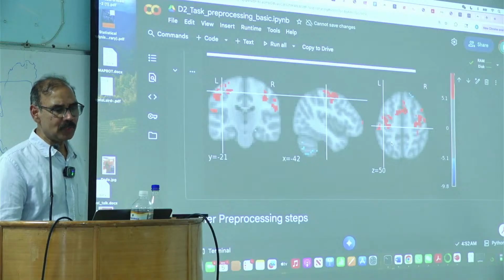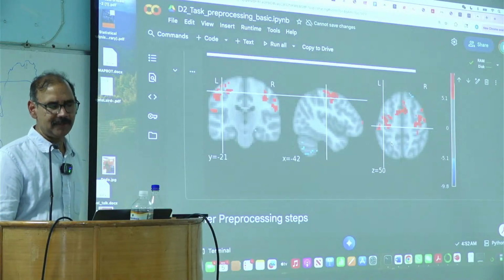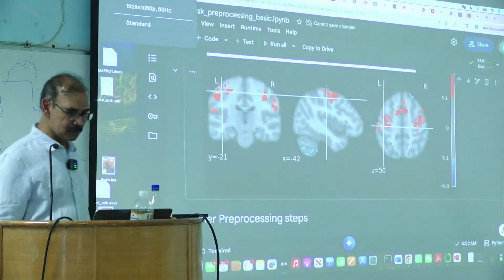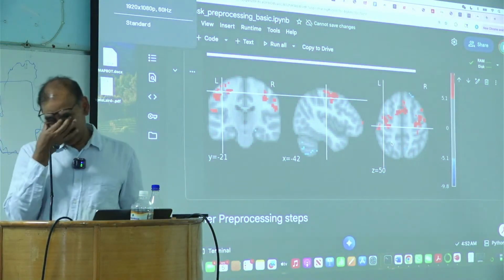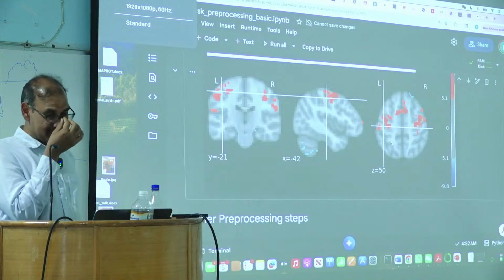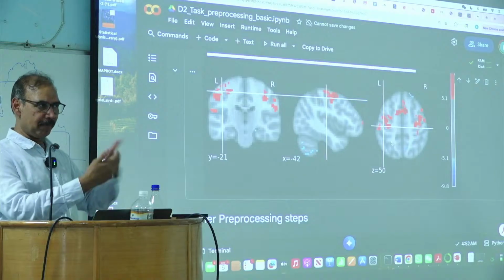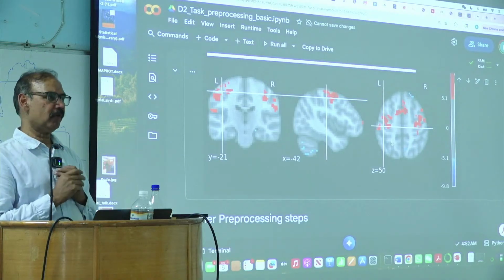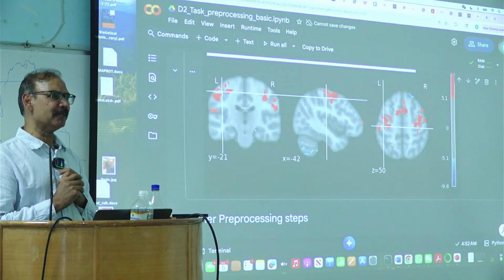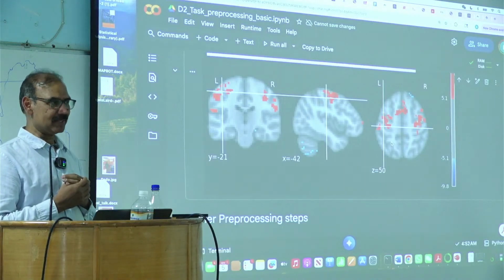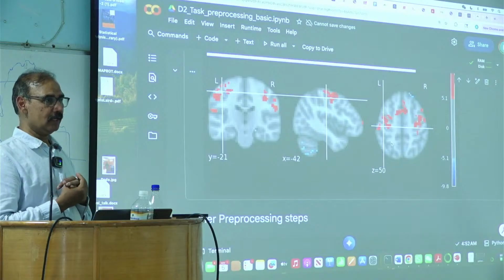So if I understand correctly, if we also had PET imaging in addition to fMRI, and then you compared, maybe that would help. Perhaps, but first of all, it's very messy.